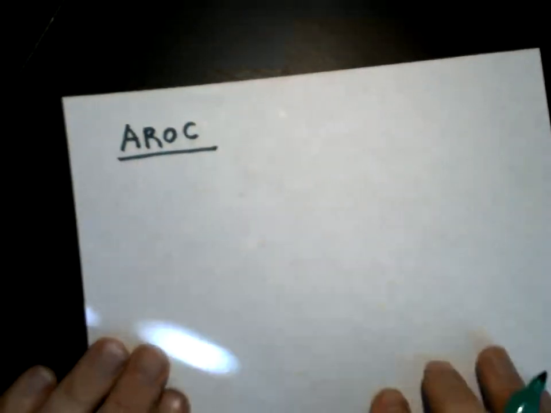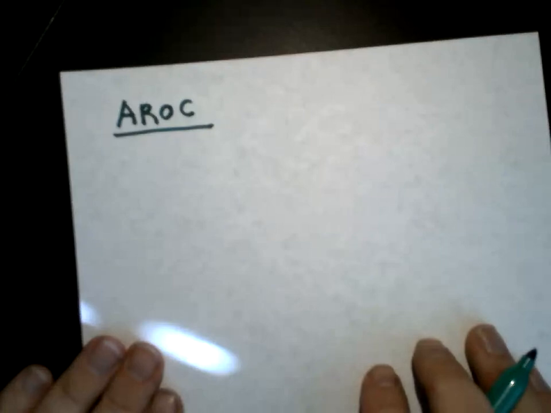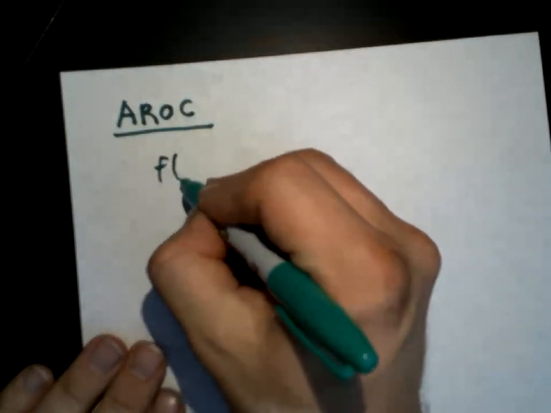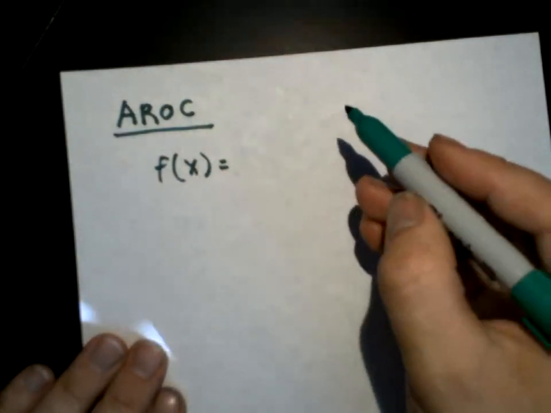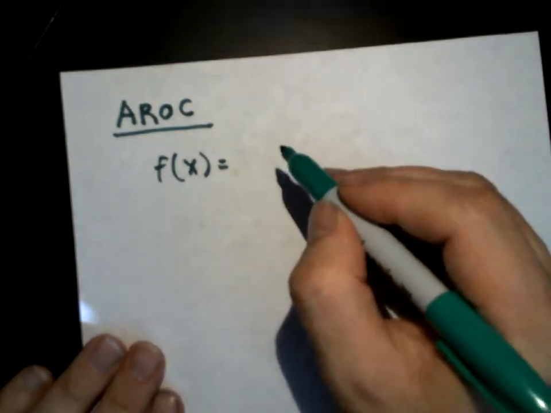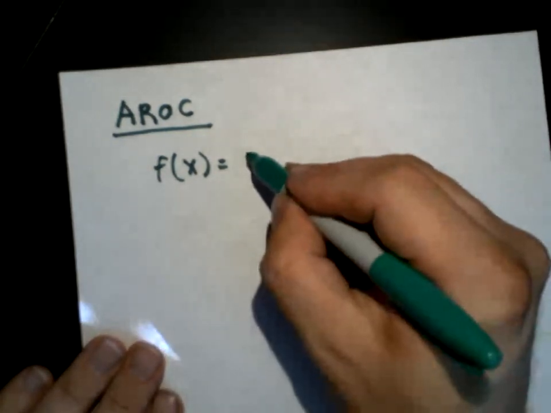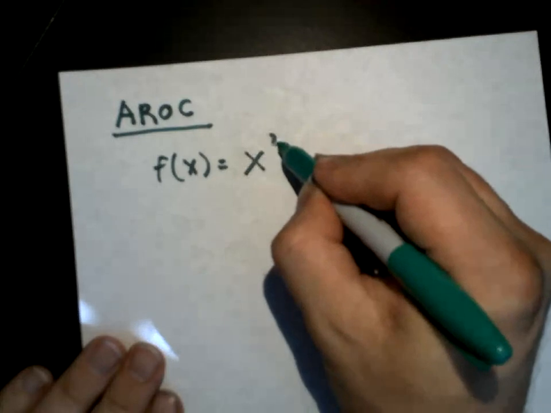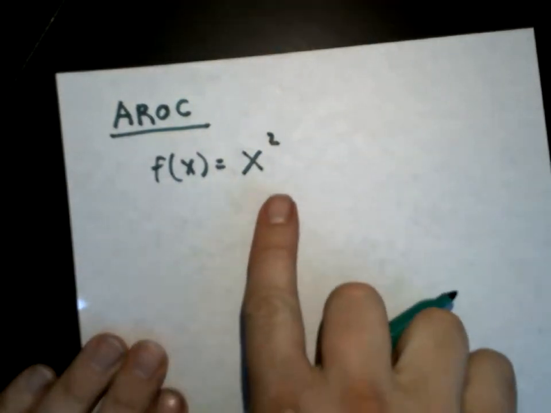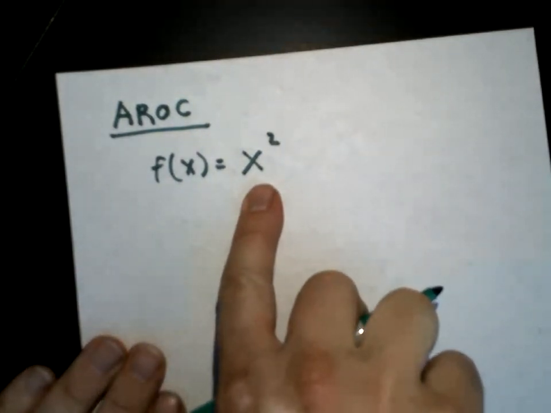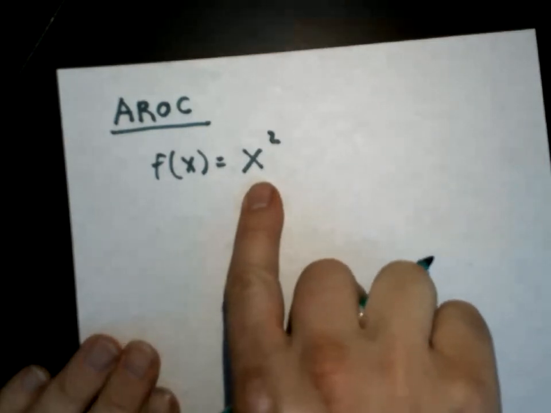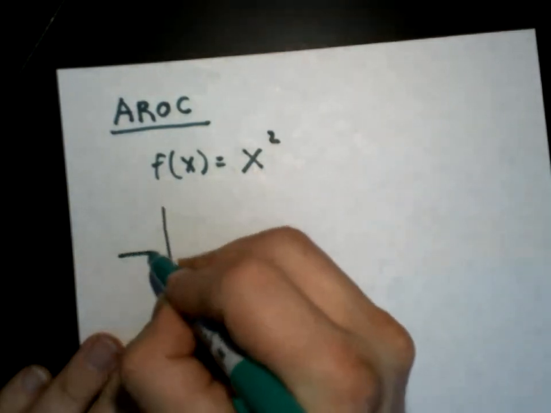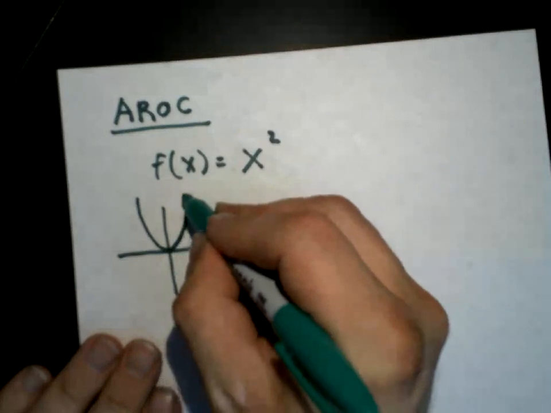Let's go ahead and use a function. So this is our function. Let's try to make one a little easy for you. What if we use x squared? This one's very easy because this is a parabola opening up at 0, 0. So if you want to know the graph, it looks like this.